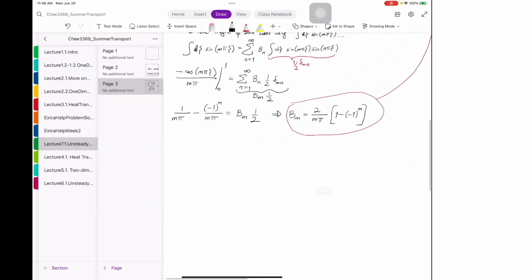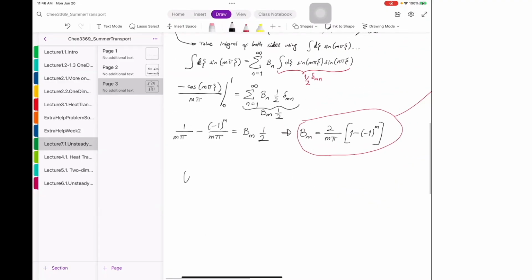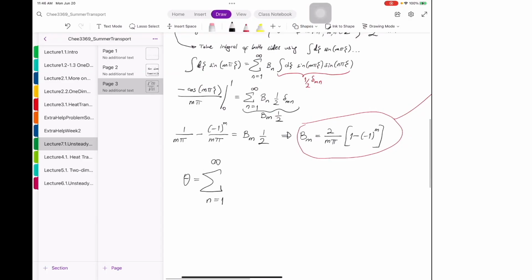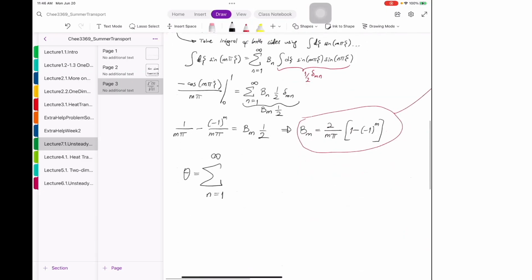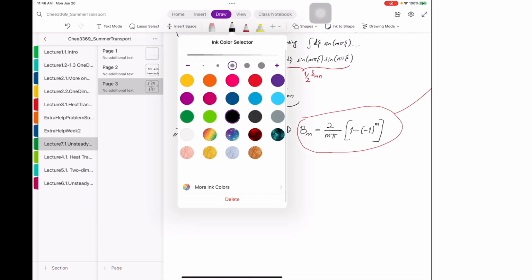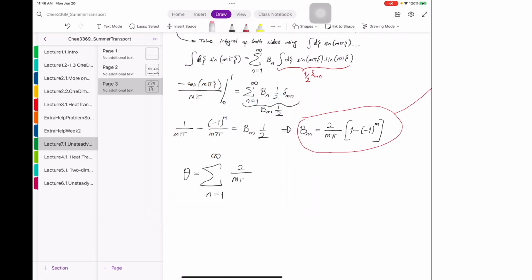And we get theta is equal to sum from n equals 1 to infinity 2 over m pi. But by the way, since b_m is this, the m is a dummy variable, so for any m index, you can replace it by n. It doesn't matter.